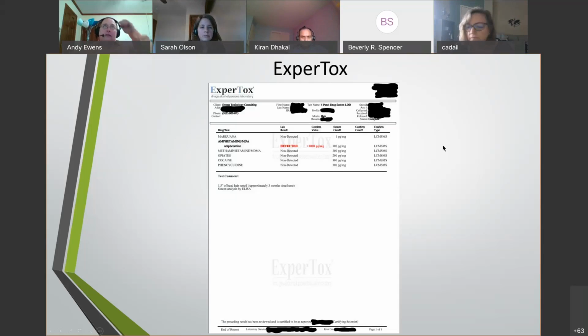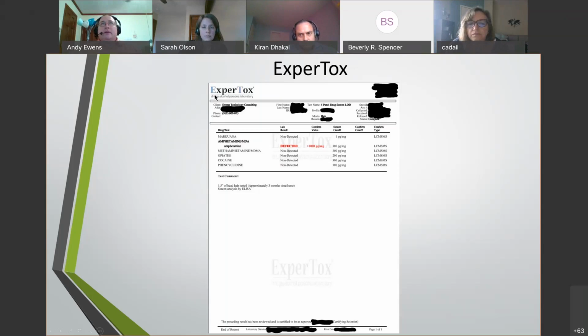I've taken actual lab reports from some of the cases I've worked on from several different laboratories, and this is to show that each lab has their own method of reporting these results. So you're not always going to find the same information from one lab to the other. And so we're going to try to find out what information we can find from these different labs.